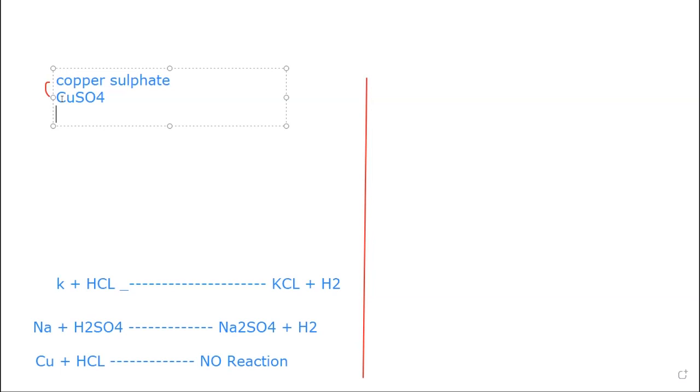When I ask you what are the types of elements in this chemical compound, you will mention three elements or 3 types of elements: copper, sulfur, and oxygen. These are just the names of the elements in this compound. So you are telling me that copper sulfate has copper, sulfur, and oxygen.